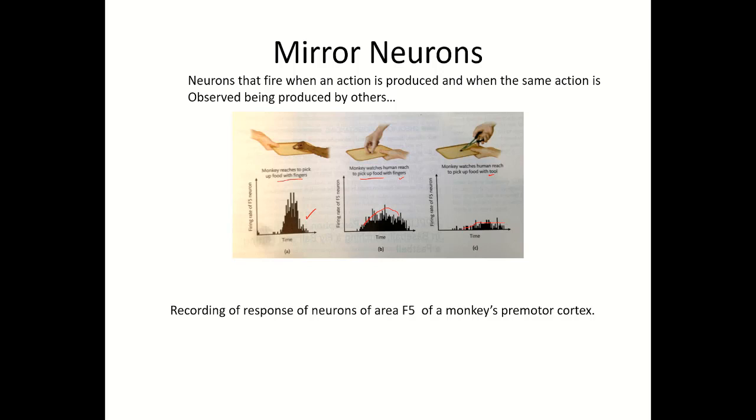When you see someone is getting a shot, injection, you feel that kind of painful, emotional thing appears in your mind. Because of the mirror neurons, experimenters or scientists have indicated in a number of experiments that those are due to the mirror neurons in your brain.